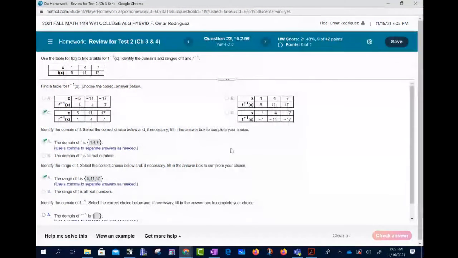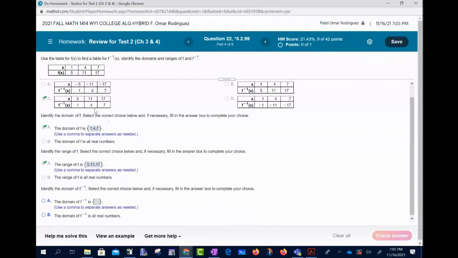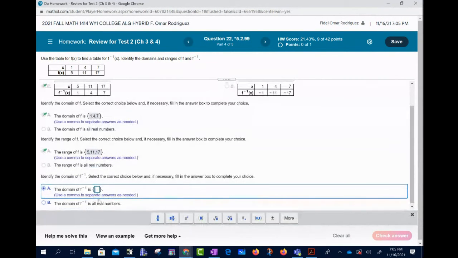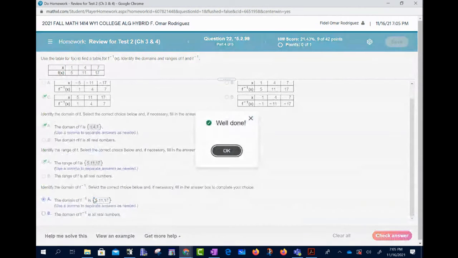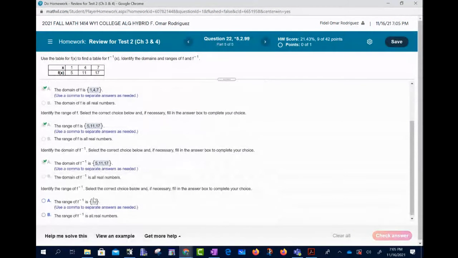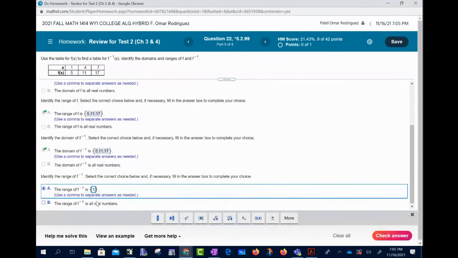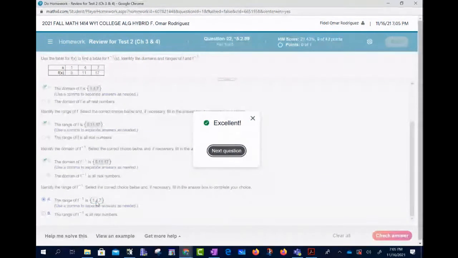Okie dokie. And then what's the domain of this one here? Well, 5, 11, and 17. And what's the range of that one? It is 1, 4, and 7. Boom. And we got it.